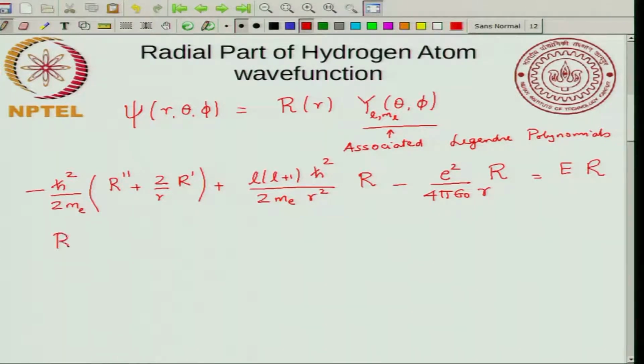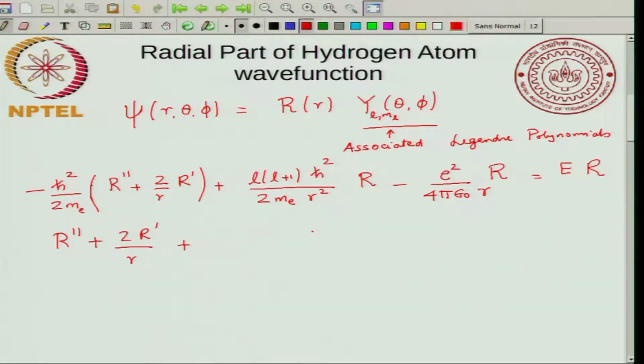So, I get the differential equation in the following form: R double prime plus 2 R prime by r. This is the only term that has R double prime and the only term that has R prime, plus, now the h cross square by 2 m_e will cancel with this. So, you have minus h cross square by 2 m_e and you have h cross square l(l+1).